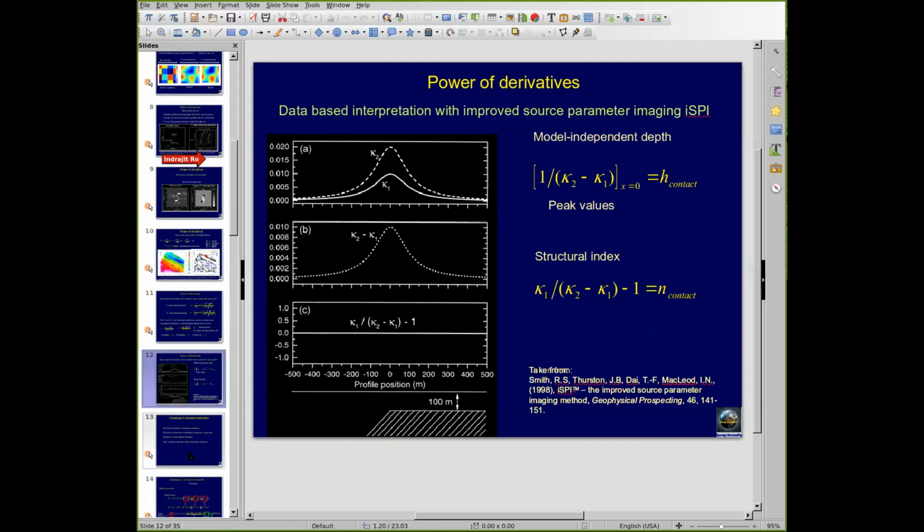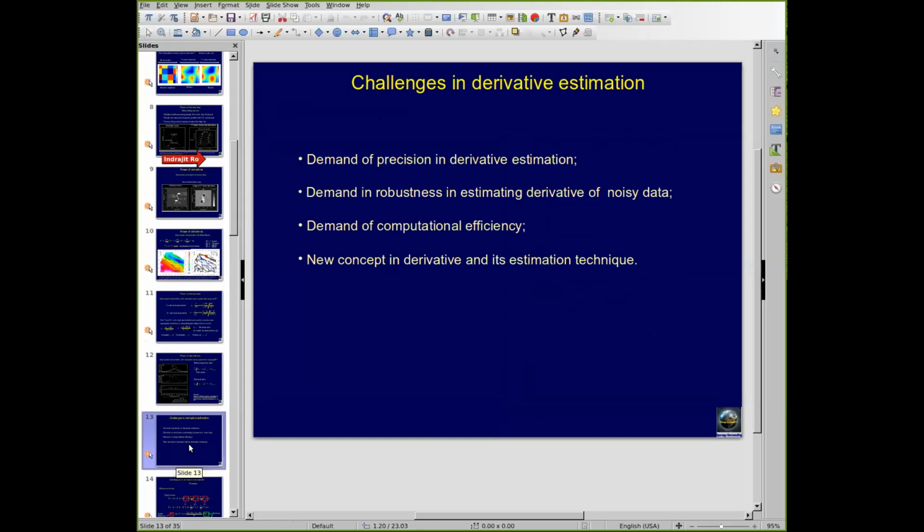We have already seen that derivative has power not only for imaging, but also for interpretations, database interpretations, which we normally do. But there are some challenges in derivative estimations, like the demand of precision in derivative estimations.